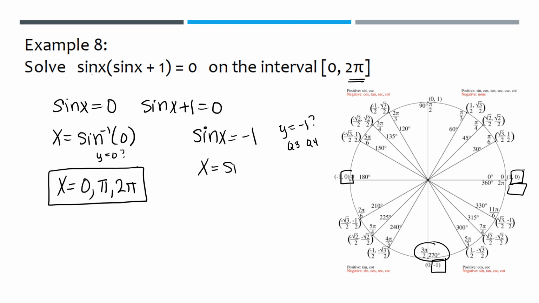X equals sine inverse of -1, so that value is 3 pi over 2. So for this particular example, because we had two different factors to solve for that were already factored for us, I got three solutions for the first factor, that GCF, and one solution from the second factor. So we ended up with 4 solutions for this example.